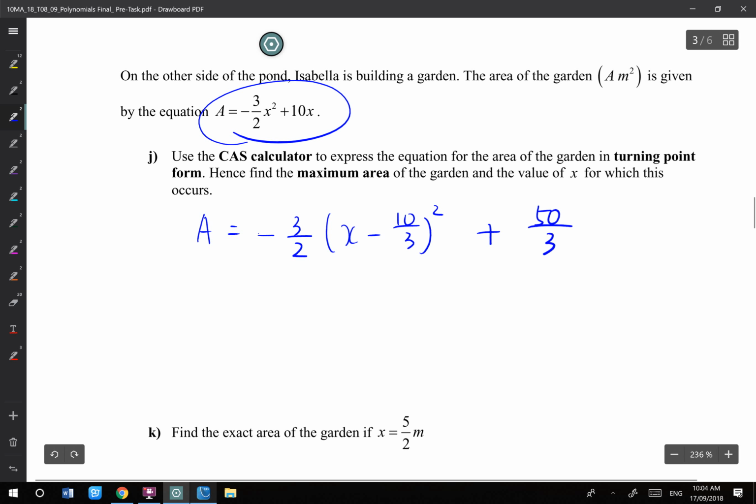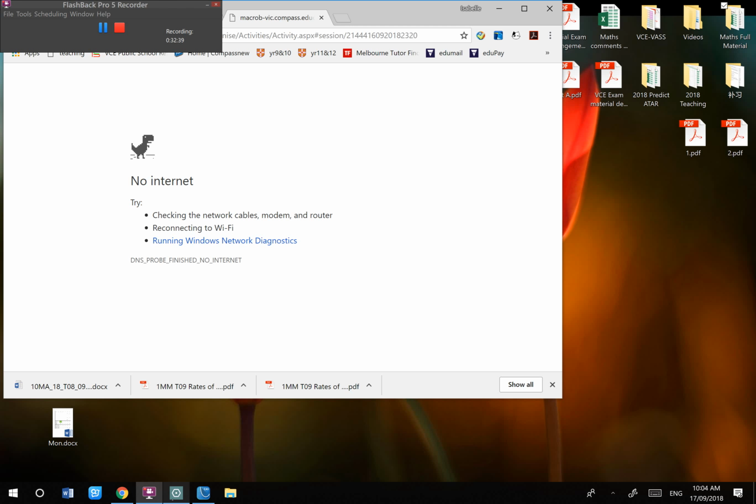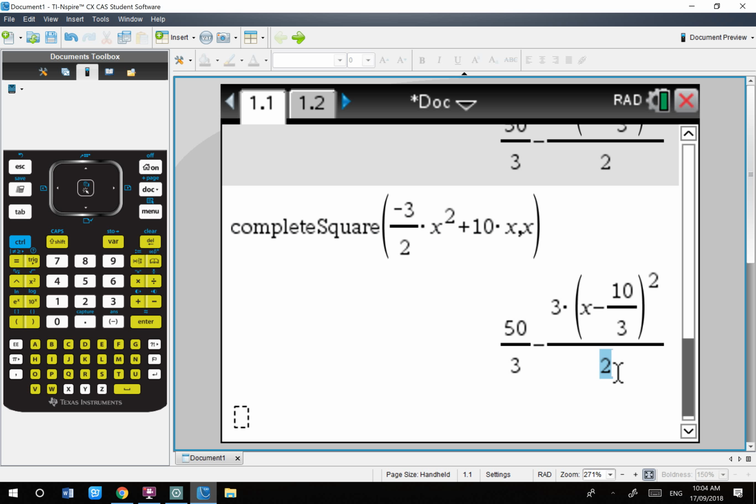It's exactly the same thing from the calculator, but I just write it in a different format. All I do is swap the order and make the minus 3 over 2 become the coefficient.